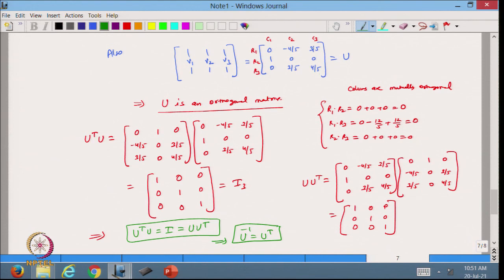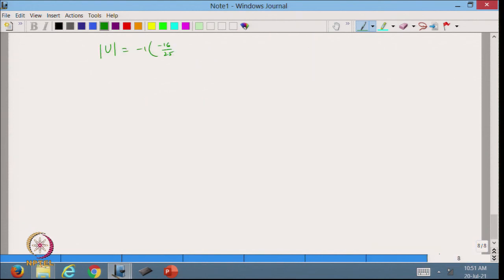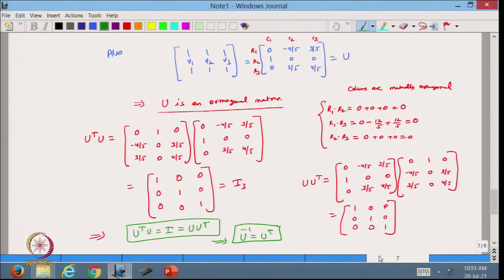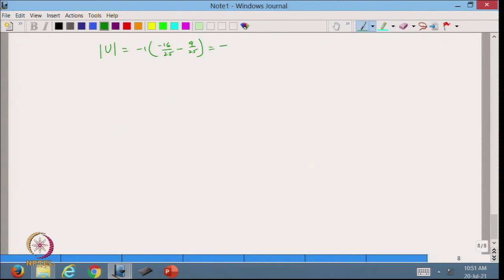So, minus and minus, minus 9 by 25. That becomes minus minus 25 by 25, and that is 1. So, from here you see that this is equal to 1.